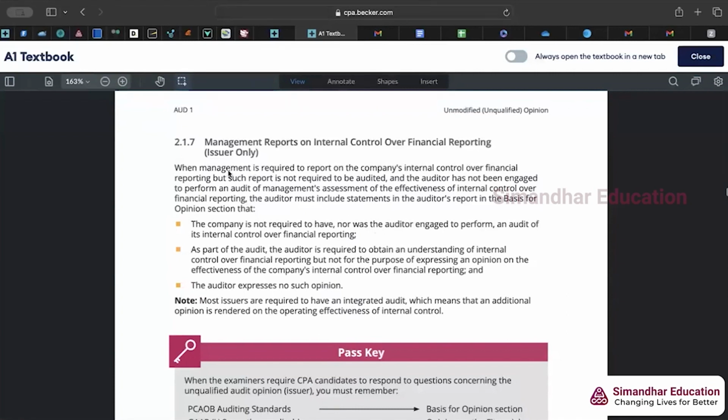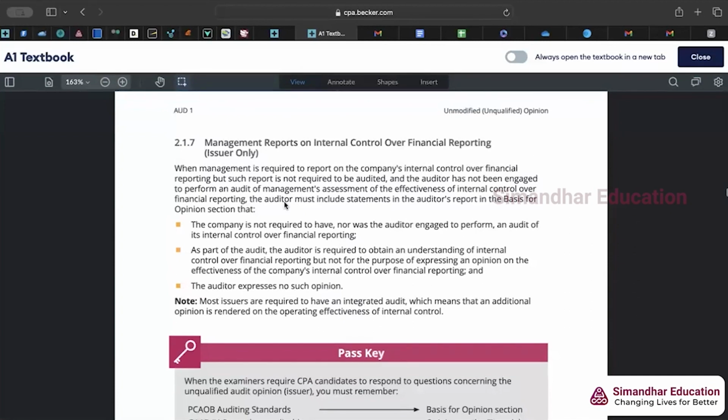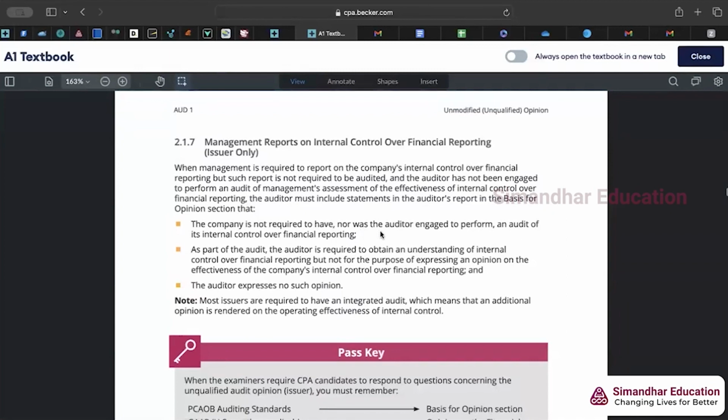And that is why here they are saying if you are not required to report, then the auditor should include that the company is not required to have, nor was the auditor engaged to perform an audit on internal controls. As a part of the audit, the auditor is required to obtain an understanding of internal controls over financial reporting, but not for the purpose of expressing an opinion on them.